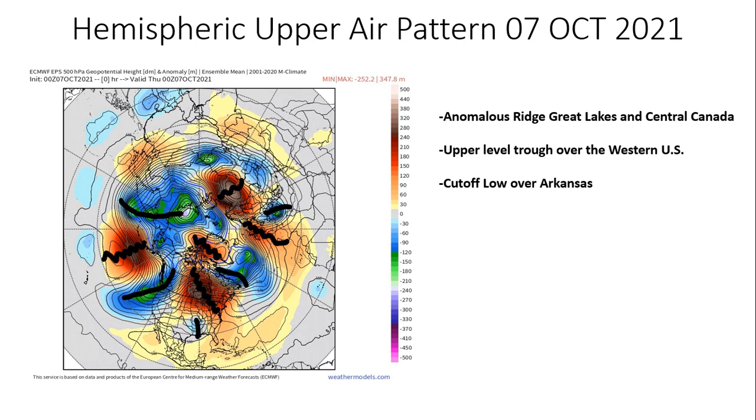A couple main features are influencing the weather across the United States right now in the upper air pattern. We have an anomalous ridge stretching from the New England area up into central Canada. And this ridge has been very persistent. Even in the forecast out the next 5 days, that ridge continues to remain in place.